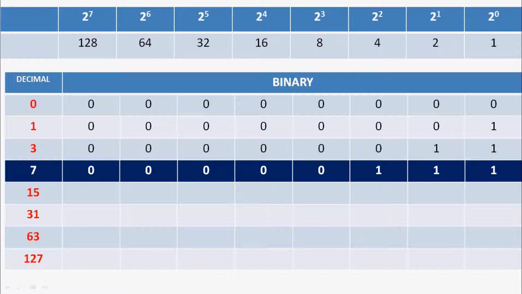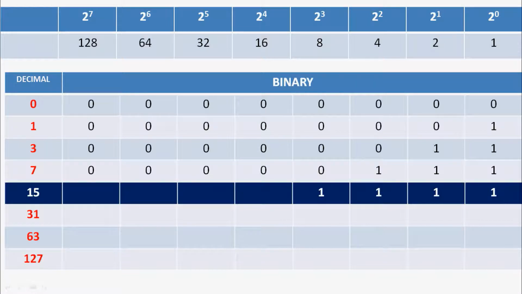Yes, we can add 8 plus 4 plus 2 plus 1. Obviously it is 15. Here we put ones at 8, 4, 2 and 1, and the remaining all zeros. So we get the binary of 15. Now it is too easy. We will go one by one.